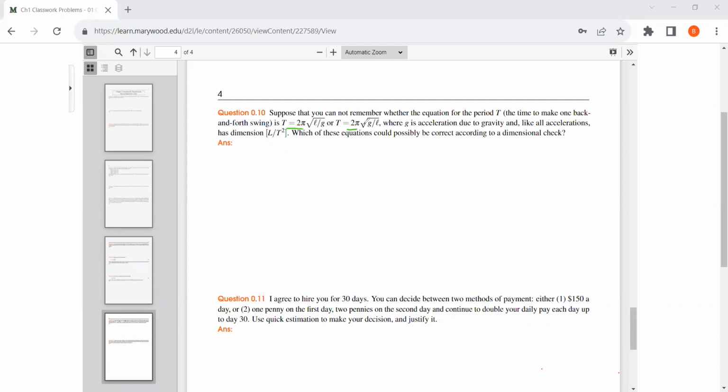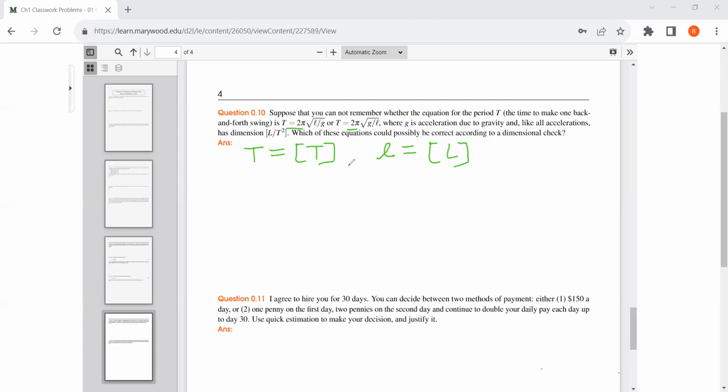Here T is the time period, so the time period's unit should be time. 2 pi is just a number, so it does not have any unit, and you can ignore that. L is the length, so its dimension is just the dimension of length or distance.